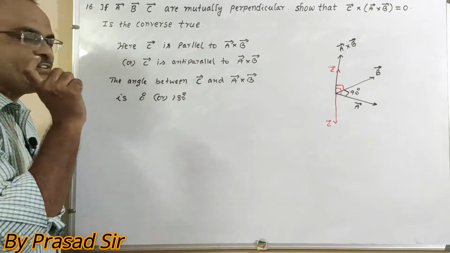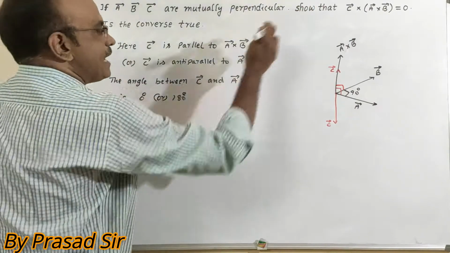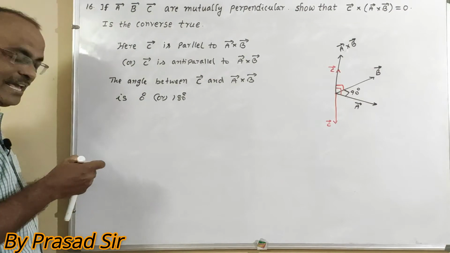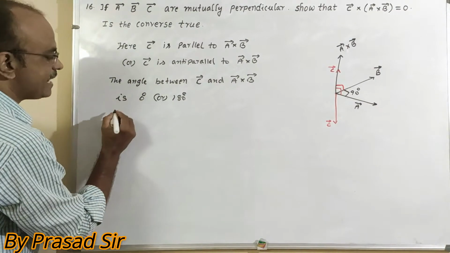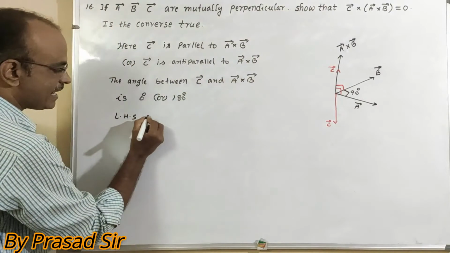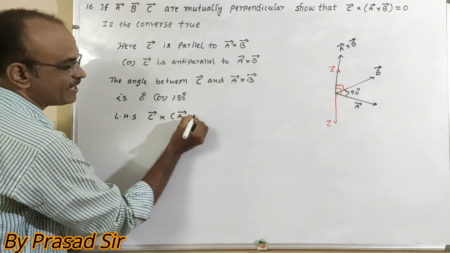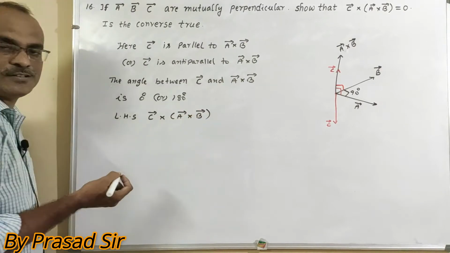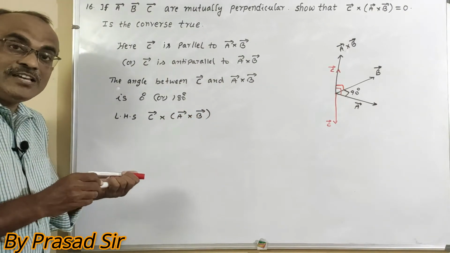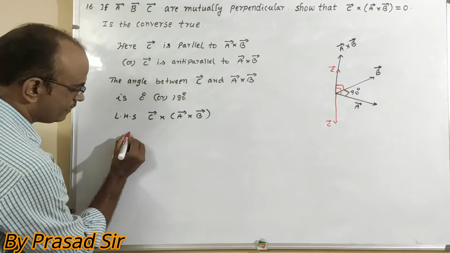Now here we are having a very, very important point. What is that here? Show that. So we will take that one as LHS. Show that LHS, C vector dot A vector cross B vector. So now we are having a very interesting fact. What is that fact here?